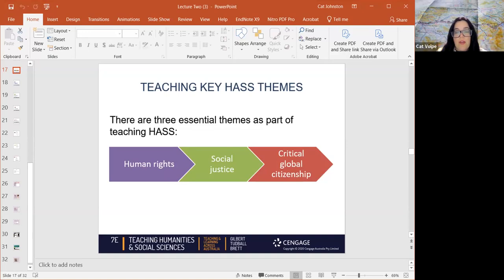So we can think about active and informed citizenry, that's threading through there in that quote, and also about the future and what we need to be thinking about in society: human rights, social justice, and critical global citizenship. So how we're connected to each other in the world.